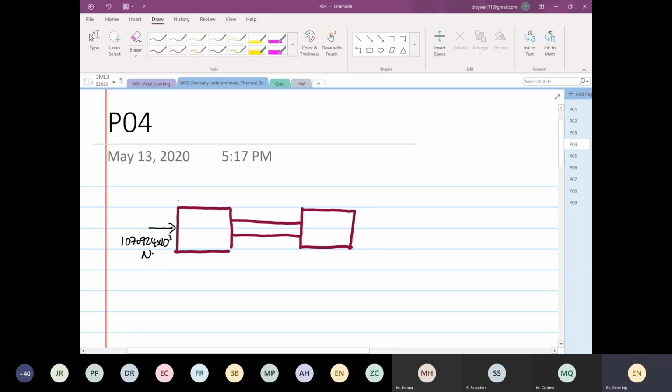So this is your point D, point A, and over here you have a load going at 150 times 10 to the power 3. And then you have 200 times 10 to the power 3. So this is your point B, and this is your point C. You have a load coming in at 157.924 times 10 to the power 3 Newton.